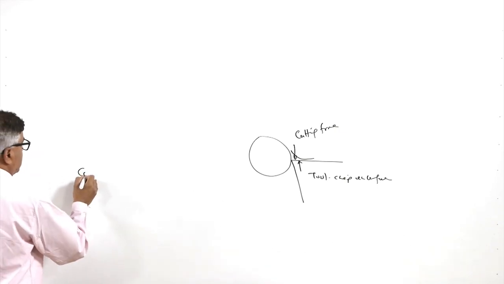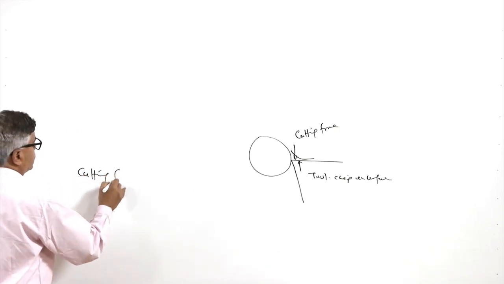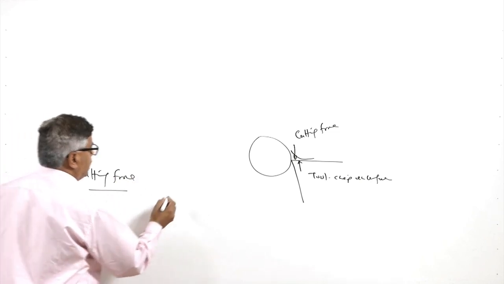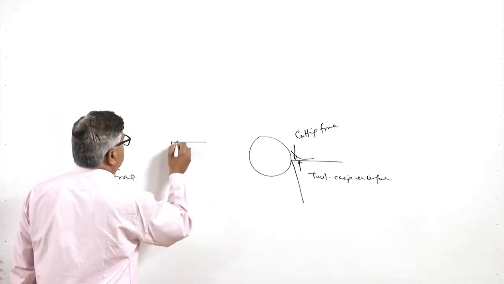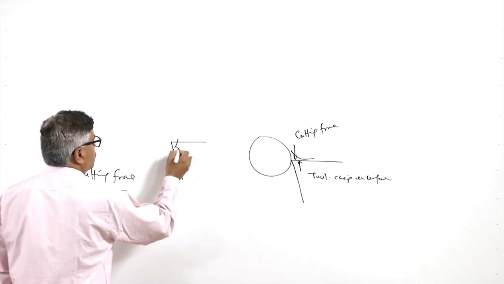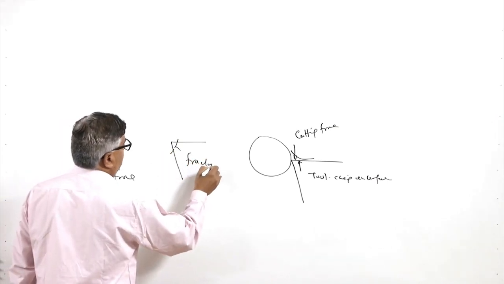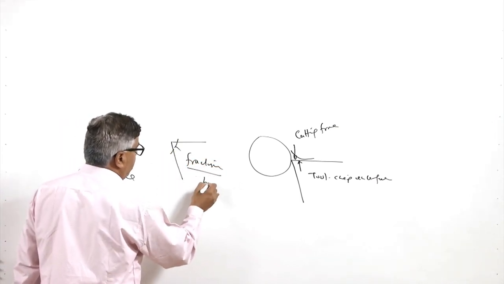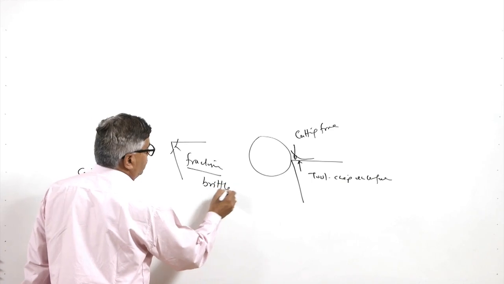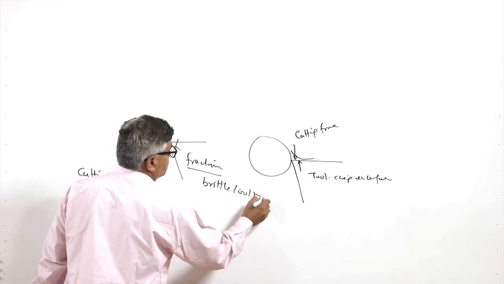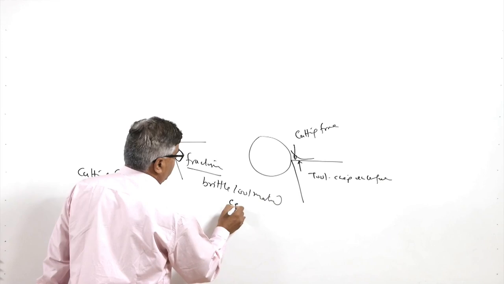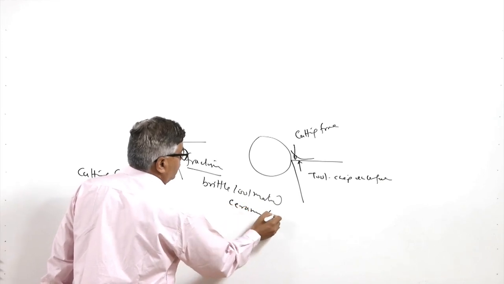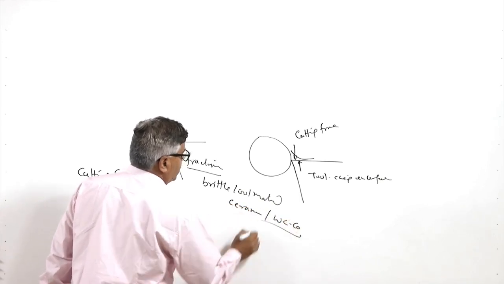When the cutting forces are too high, it leads to the fracture of the cutting edge. Fracture mostly happens in the case of very hard and brittle tool materials, for example ceramics and tungsten carbide cobalt based tools.